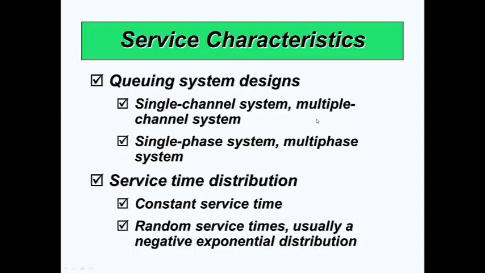The most complex waiting line is a multi-channel, multi-phase system. A classic example is when you arrive after an international trip into the United States. First, you go through immigration. That is the first phase, and there will be multiple immigration officers, multiple channels. You can go to any one of 10 immigration officers. So multi-channel.